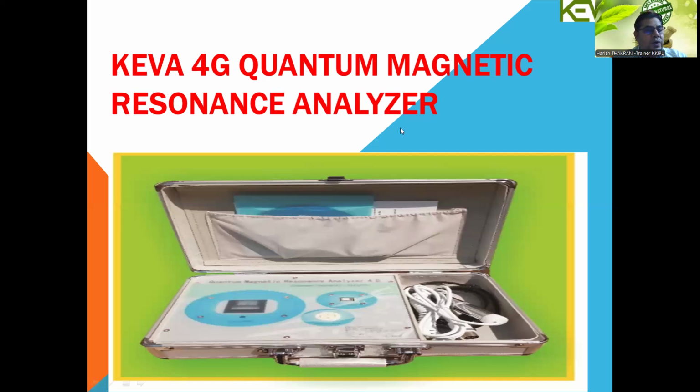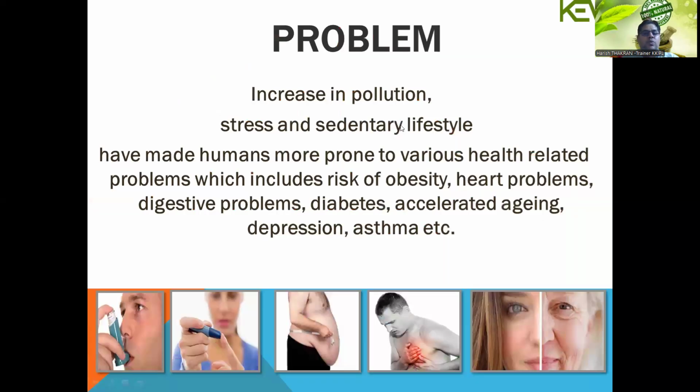So if you want to use Kiva 4G QMRA machine, this machine is such a powerful tool, and I have personally named this machine as ATM. This is an ATM for you, means anytime money you can generate if you are capable of using Kiva 4G QMRA machine. So first of all, let's talk about some common issues in today's scenario.